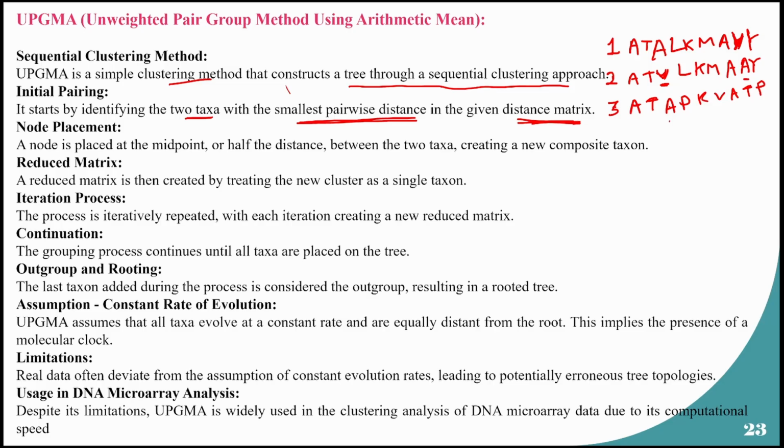If you compare sequence 1 and sequence 3, it seems that in these 4 positions we see differences, right? So A is same, PT is same, A is same again, L versus P is there, KK is same, M versus V is there, A is same, then again V versus T is there, and Y versus P is there, right? So if you compare sequence 1 and sequence 3, you see 4 mismatches.